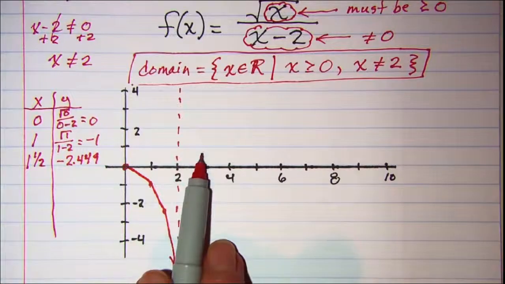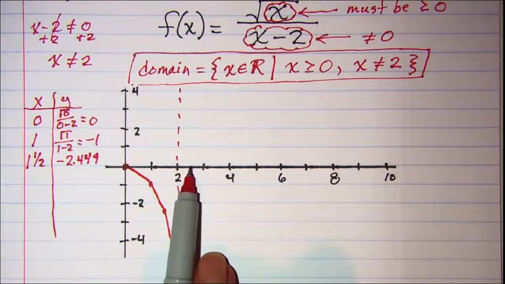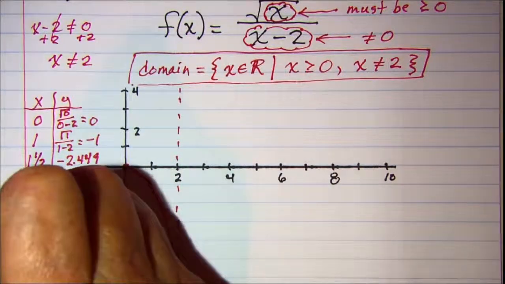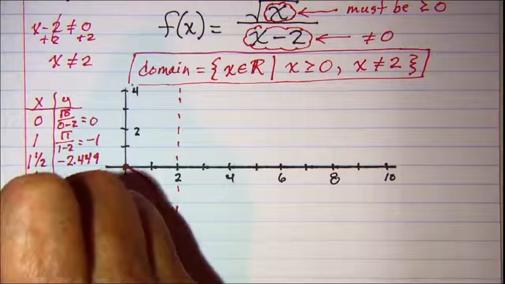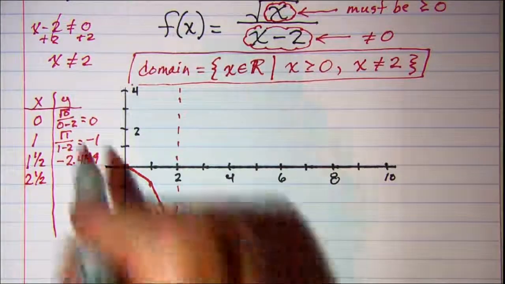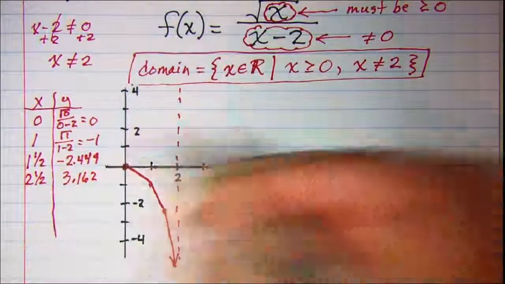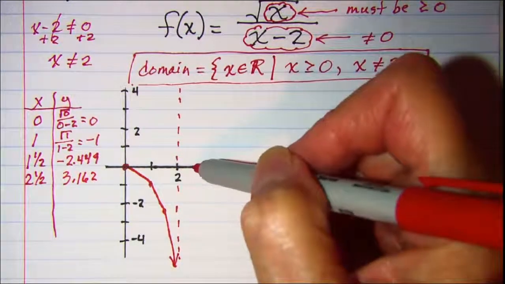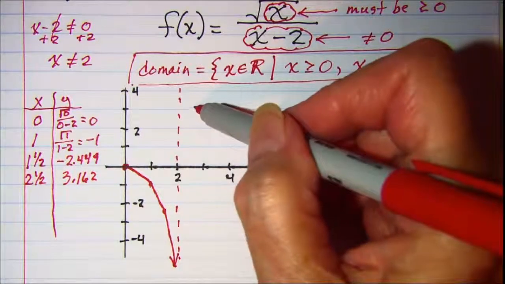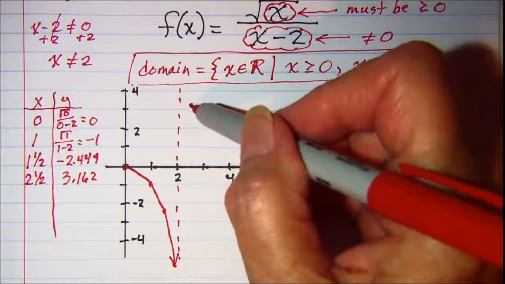Now on the other side of the asymptote, let's put 2.5 in just to see how it behaves. When x is 2.5 on my calculator, I get 3.162. So at 2.5, I have 3 and a little bit more. About there.